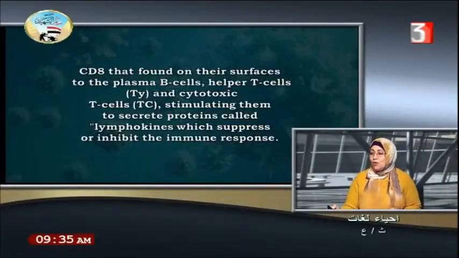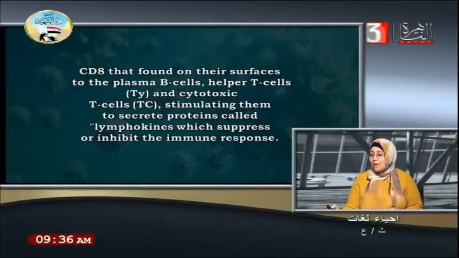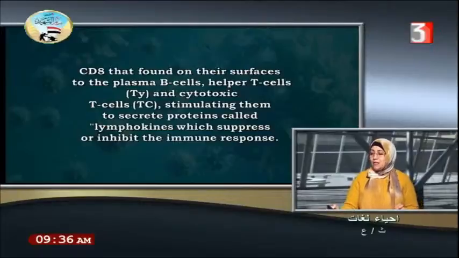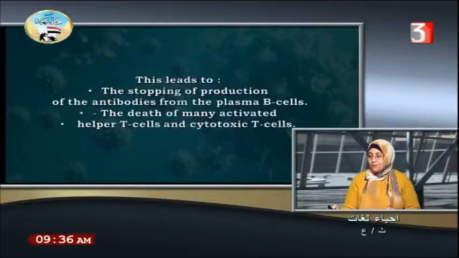CD8, found on the surface of the plasma B cell, helper T cells Th, and cytotoxic T cells Tc, stimulates them to secrete proteins. These proteins are called lymphokines, which suppress or inhibit the immune system from working, and this is the method of inhibition.